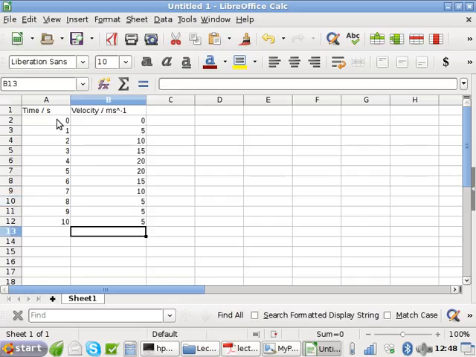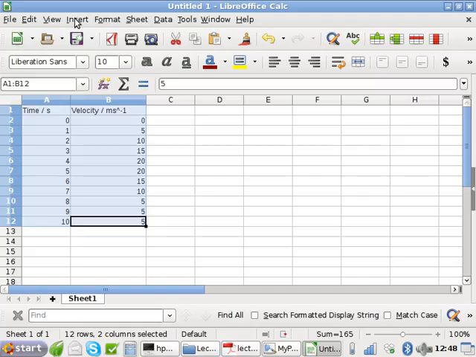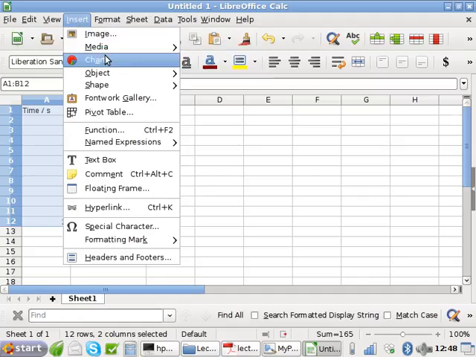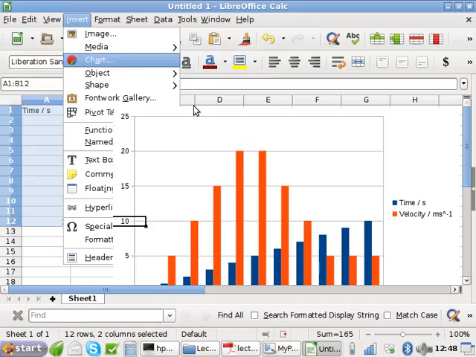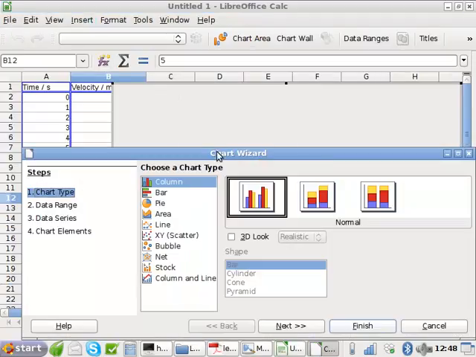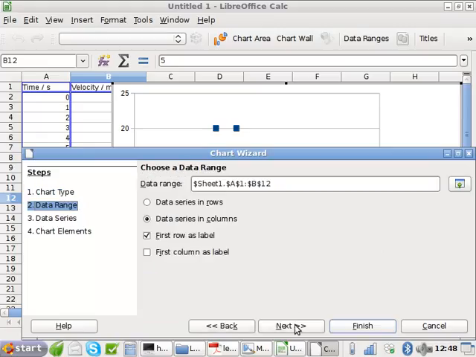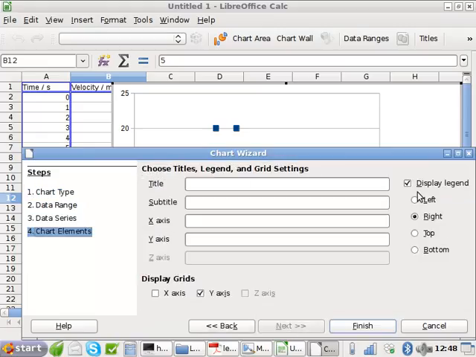You know how to draw a graph, so let me just make it for you nicely here. Insert a chart. Scatter with straight lines. Next. We want to have the title. We'll just call it velocity time graph.